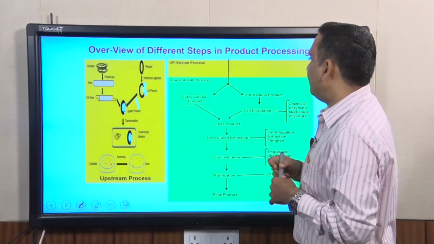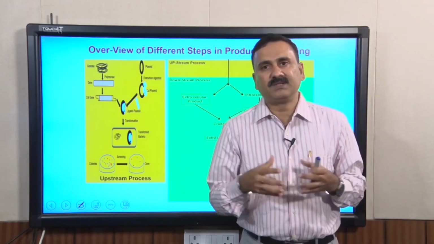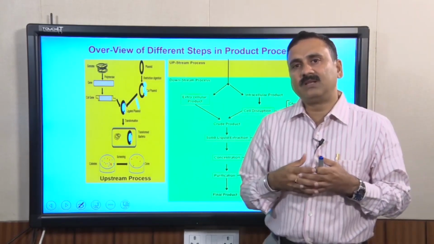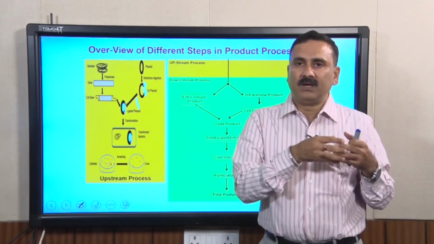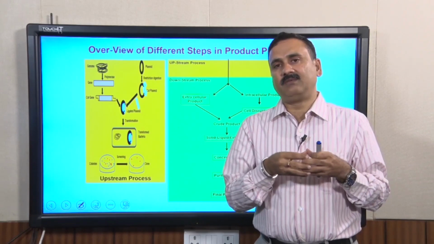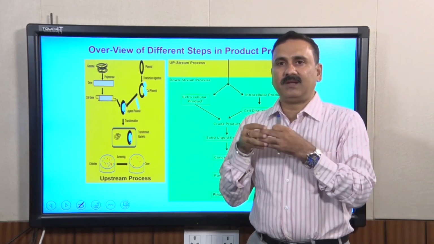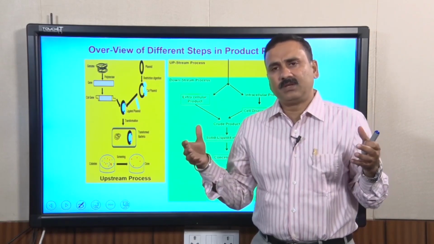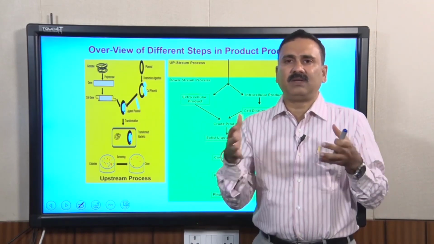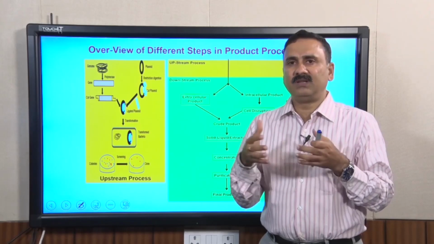So, with this we have discussed the different cell disruption methods which are available and which can be used as per the host, as well as the physical and chemical properties of the host, and there are different advantages as well as disadvantages of all these methods.